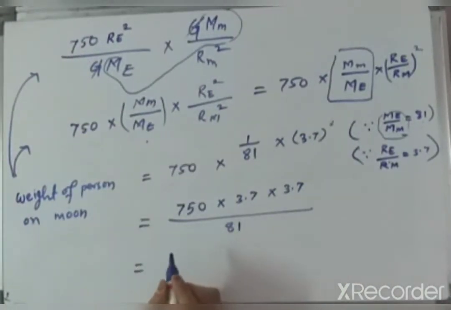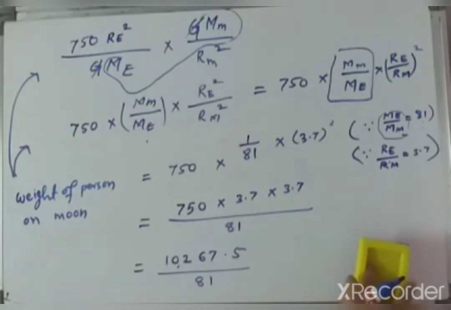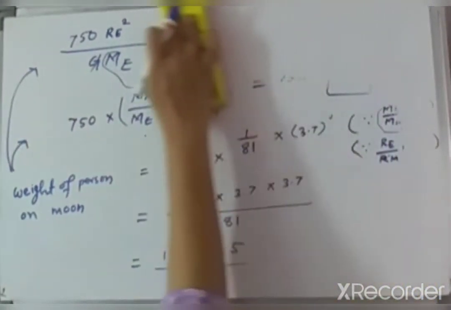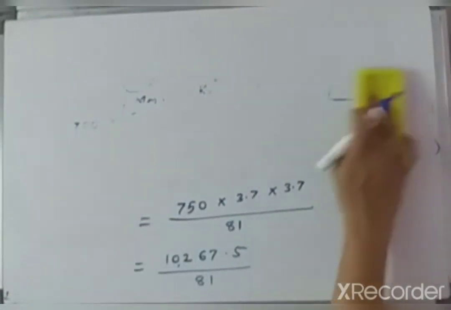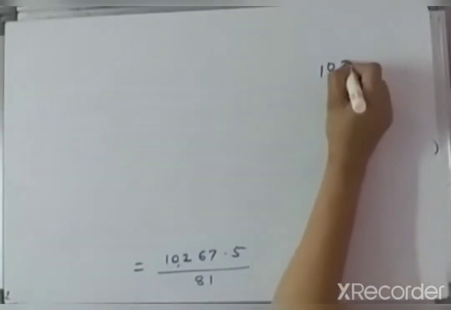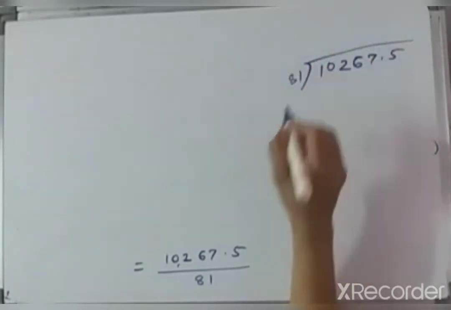So the product of all these three numbers is 10,267.5 divided by 81. Let's go for division. 10,267.5 divided by 81.